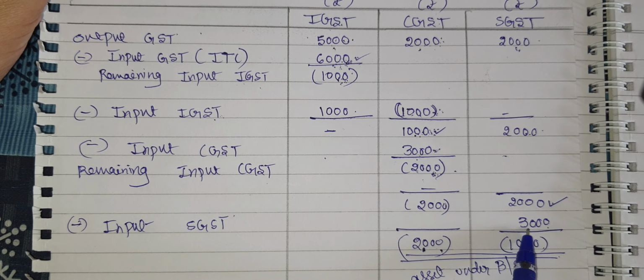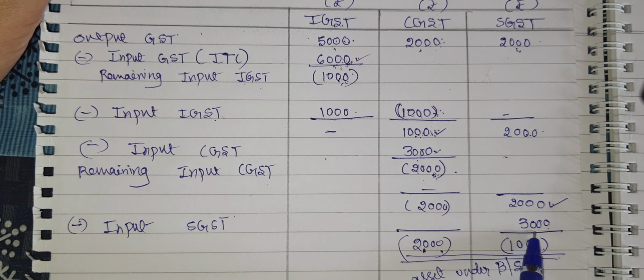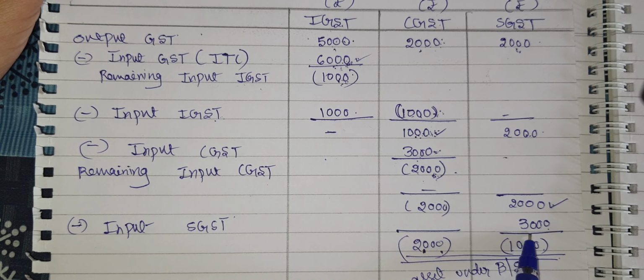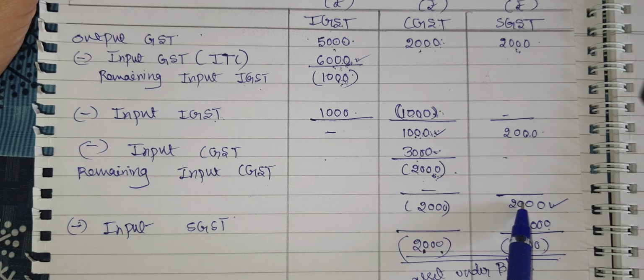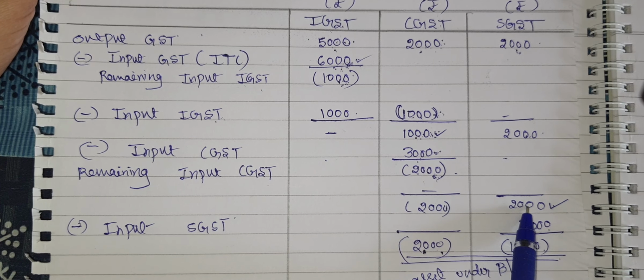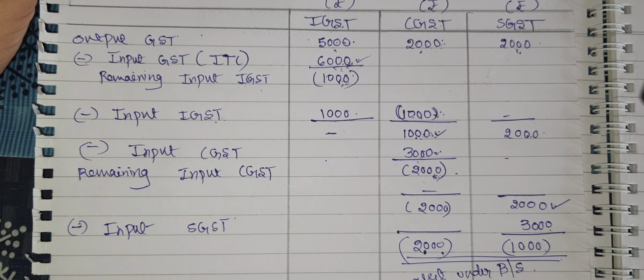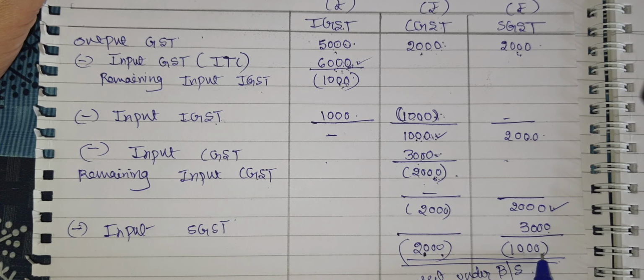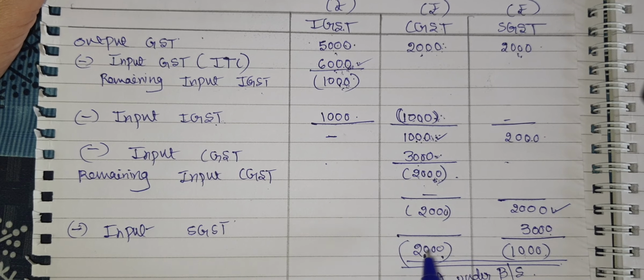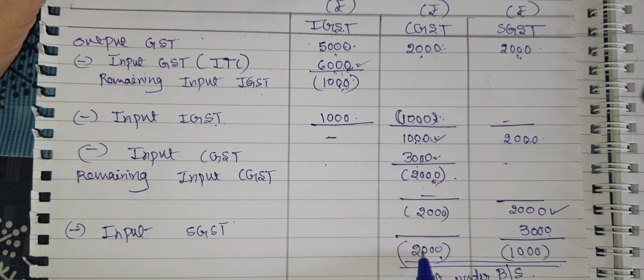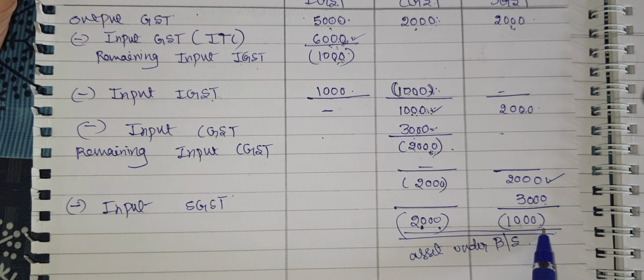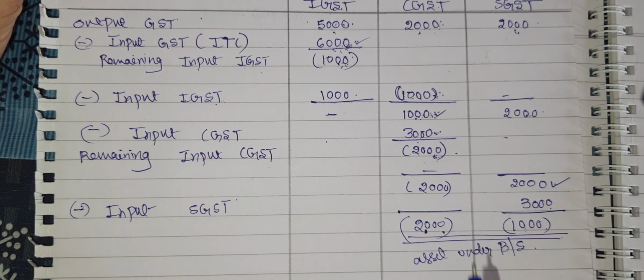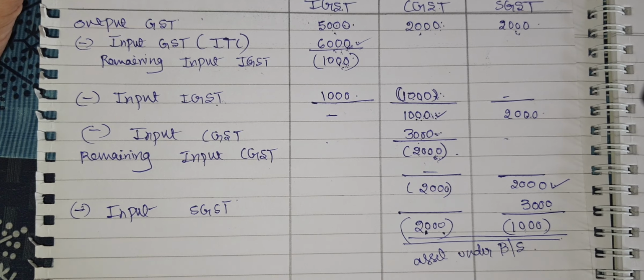We have already paid rupees 3,000 on purchases, which is more than rupees 2,000, so we need not pay any tax to the government. So the remaining input SGST is rupees 1,000 and the remaining input CGST is rupees 2,000. So rupees 3,000 is treated as an asset under the balance sheet.